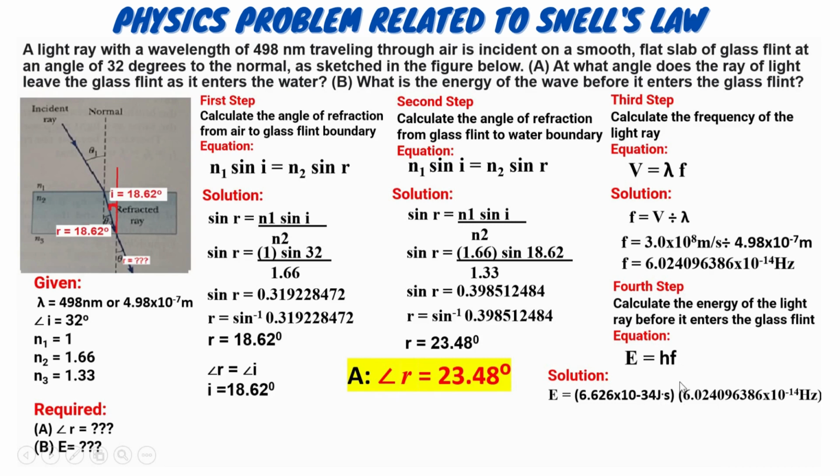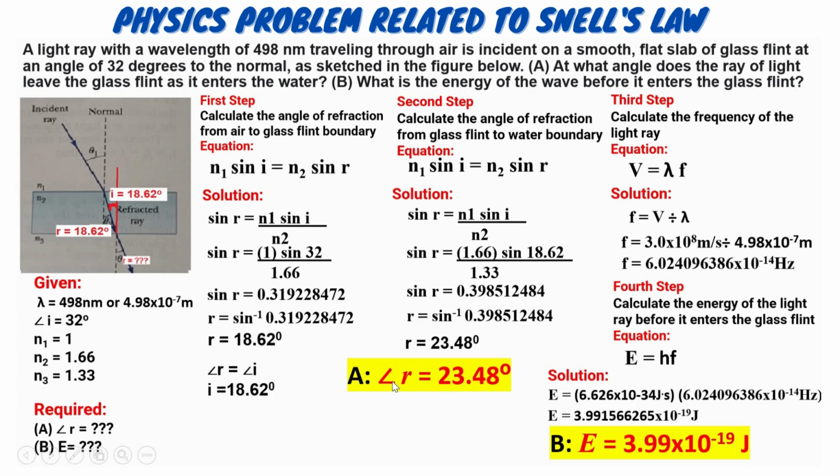And for the frequency, which we have already calculated a while ago, 6.024096386 times 10 raised to negative 14. Getting the product, the final answer for the energy of the wave before it enters the glass plane is 3.99 times 10 raised to negative 19 joules. So that will be the final answer for the problem.